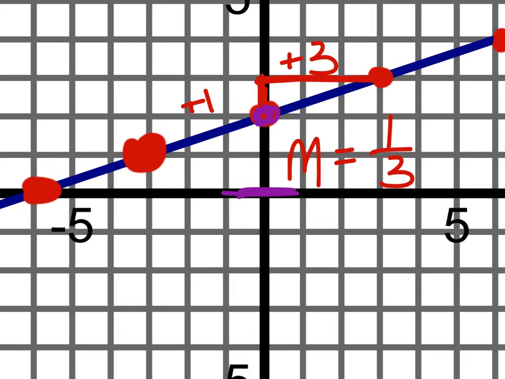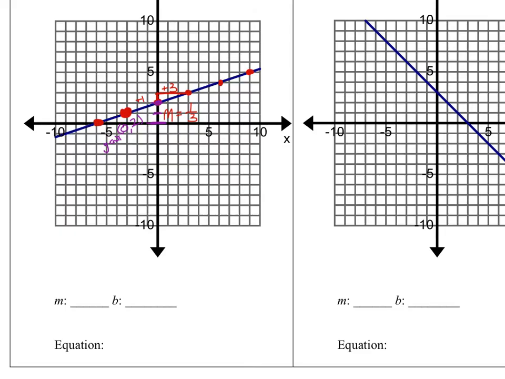And we can see the x is 0 here. I'm sorry, the y. Then we go up 1, 2. So this point has, and this is the y-intercept, by the way, this has a y-intercept of (0, 2). Very crucial information. Alright, so the slope we'll write in is 1/3.